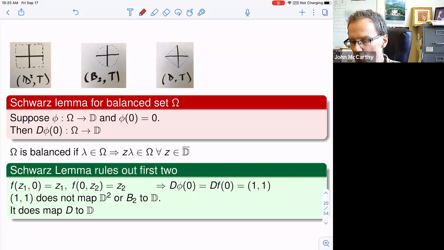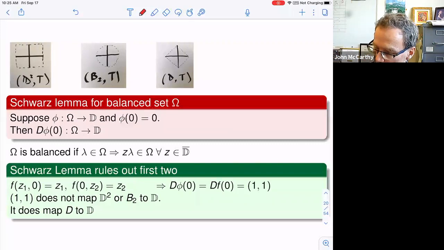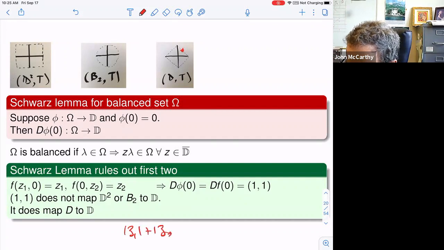The Schwarz lemma doesn't rule out the third example, because if I take any point in the diamond, because the modulus of z1 plus the modulus of z2 is less than 1, if I multiply z1 by 1 and z2 by 1 and add them up, I still get something less than 1.